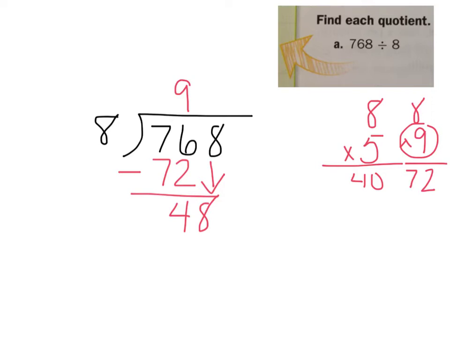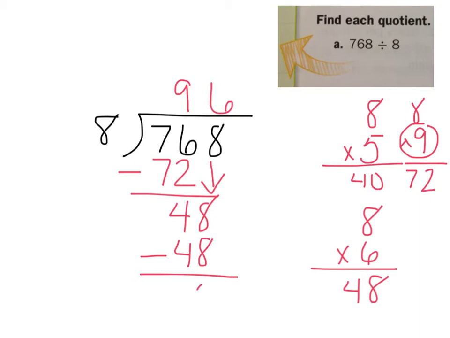That's pretty close. I can now think, 8 times 6, that's 48. So I'm going to use the number 6 at the top. Again, 6 times 8 is 48. I subtract, and I have no remainder. Therefore, my answer is 96.